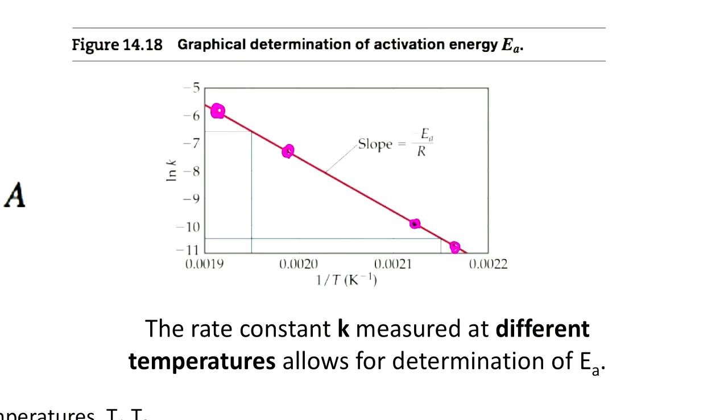And remember, as scientists, we love straight lines when useful information comes out. So if you're able to graph rate constant and temperature at more than one temperature, the slope of this line is equal to the negative activation energy for that reaction over R. And so that's really useful for scientists to calculate an activation energy for a given reaction.